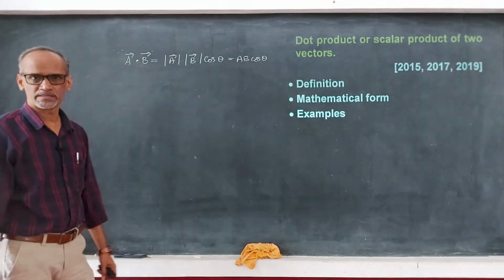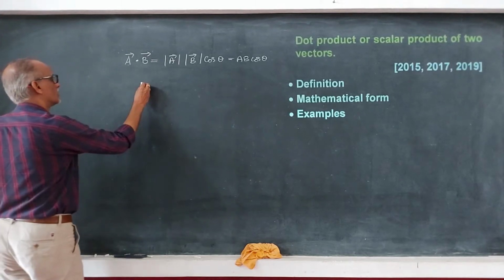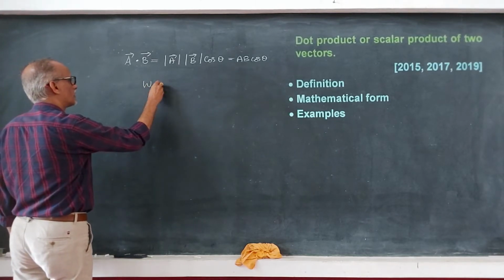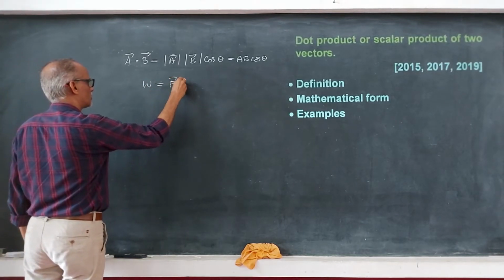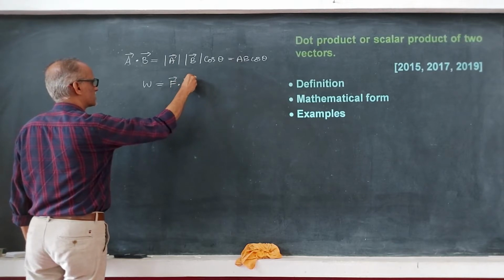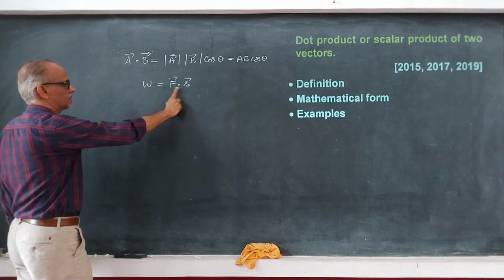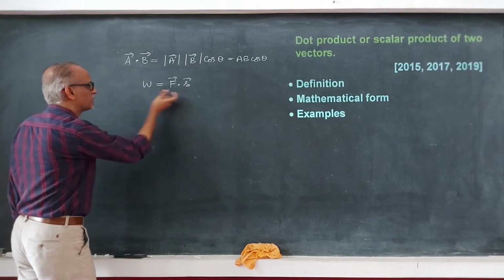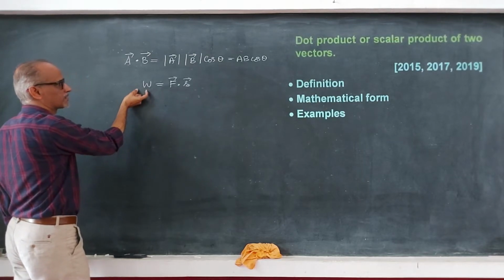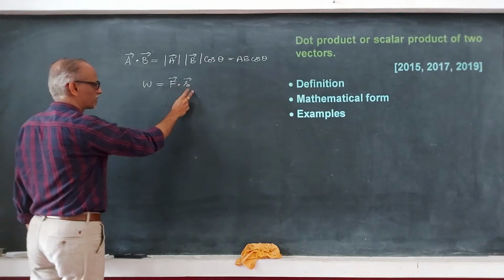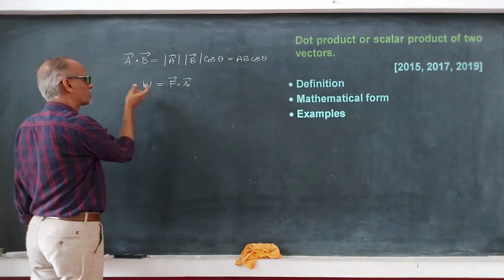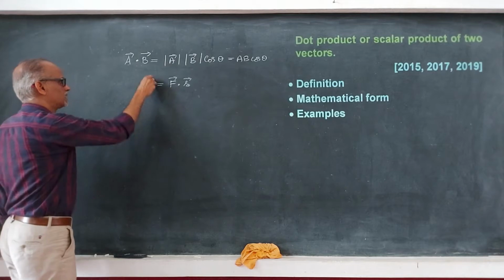Now what are the examples for this? Work is the dot product of force and displacement. See, force is a vector. Displacement is a vector. And when you multiply, you will get work, which is a scalar quantity. So that's why in the case of dot product, after multiplying, the quantity we get is always a scalar quantity.